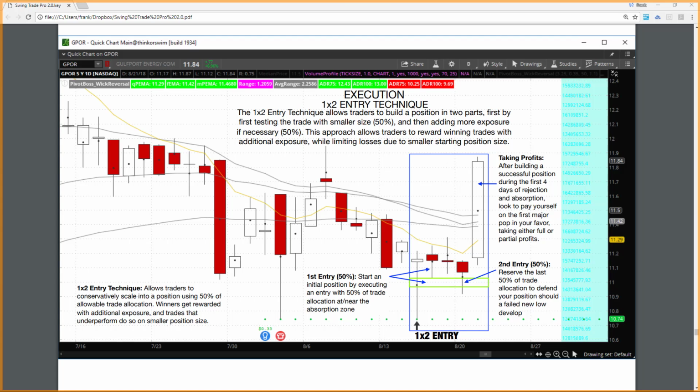That is a big benefit of using this type of scaling technique, because again, for some of you that are struggling with consistency, or some of you that are still struggling with trade location, this type of benefit here by getting in small at the very beginning, and if you experience an adverse move against you or you experience a stop loss, you're going to be doing it on much smaller size. So again, a very beneficial way for you to execute entries into a market.